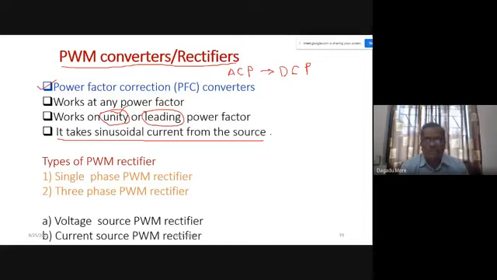So this PWM rectifier will work like a resistive load on the power system, rather than a linear or non-linear load.